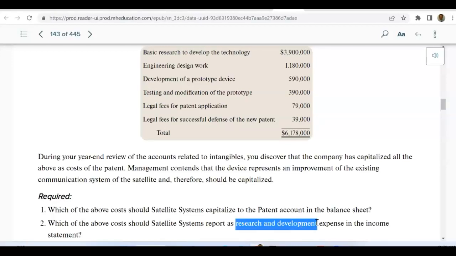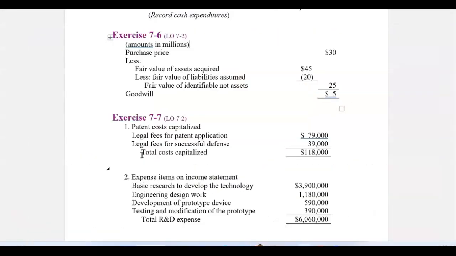Let me tell you, research and development will be expensed on an annual basis, no matter what. Research and development will always be expensed on an annual basis. So the patent costs that you can capitalize are the legal fees, $79,000, and the legal fees for successful defense, $39,000.